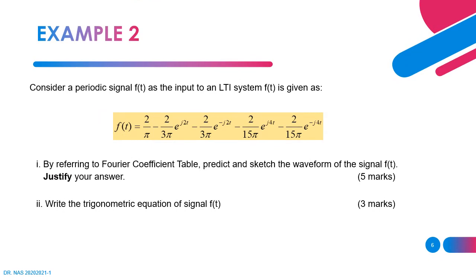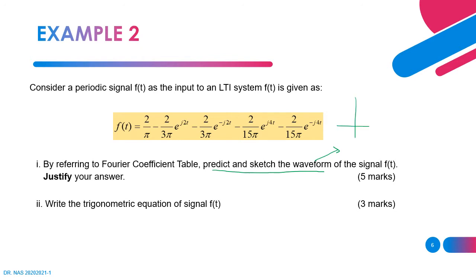Okay, let's look at the second example. Given a periodic signal f(t) as the equation shown, you need to predict and sketch the waveform. What is a waveform? A waveform is the signal in the time domain.